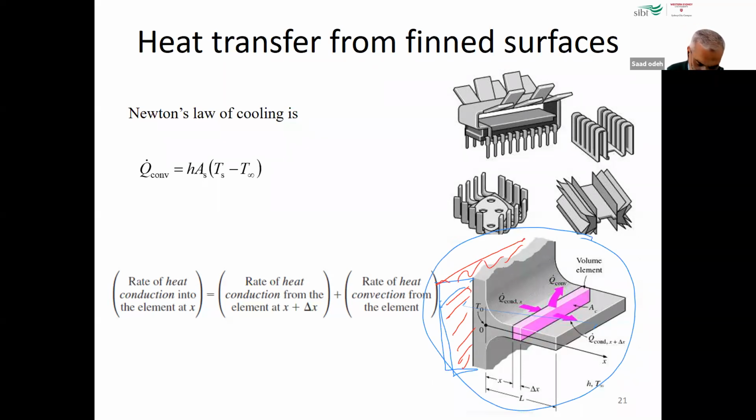So what happens here actually, the heat is transferred from the hot part through the fin, right? If we take this element, we have heat coming to the element, which is this. This heat must equal the heat by convection to the air, plus the heat going to the other element, because we keep losing heat along the fin until we reach the tip here, and then we start to lose heat from the tip.